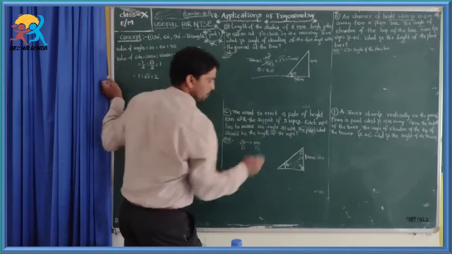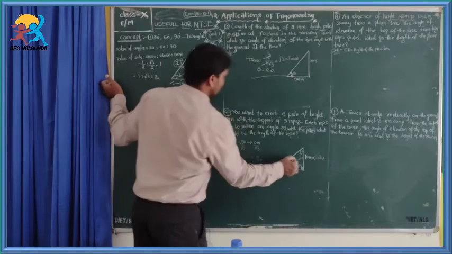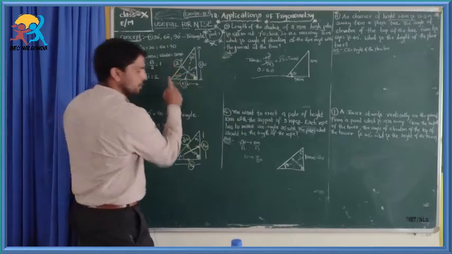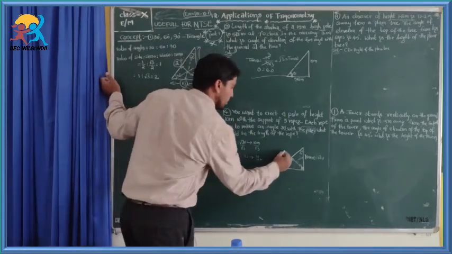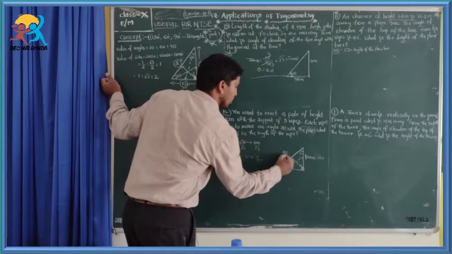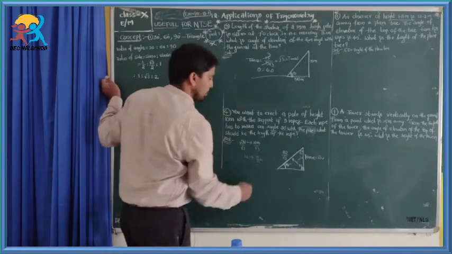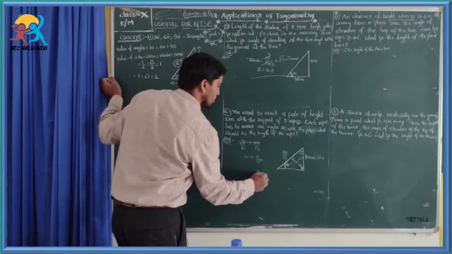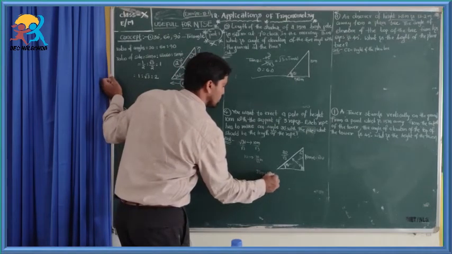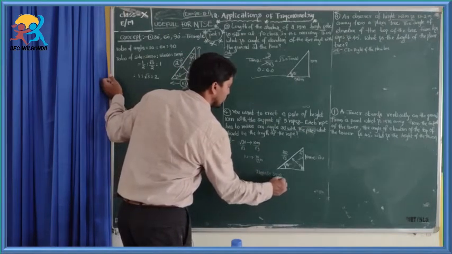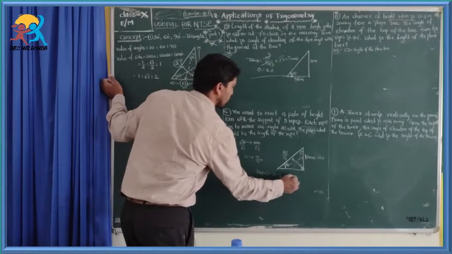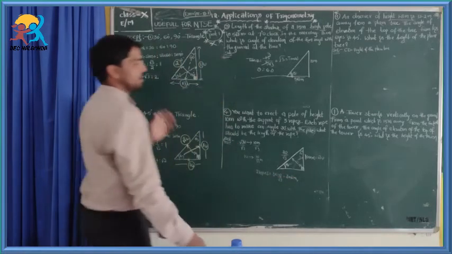The rope is this one, opposite to 90 degrees, which is 2 units. 1 unit is 10 by root 3, so 2 units is 20 by root 3. This is the length of one rope. So the length of 3 ropes equals 3 into 20 by root 3, thus 20 root 3 meters. Simply we get the answer.